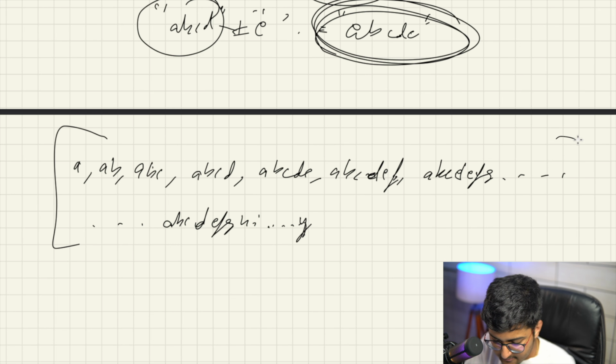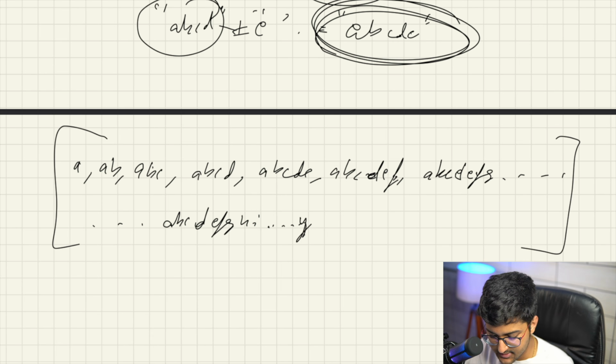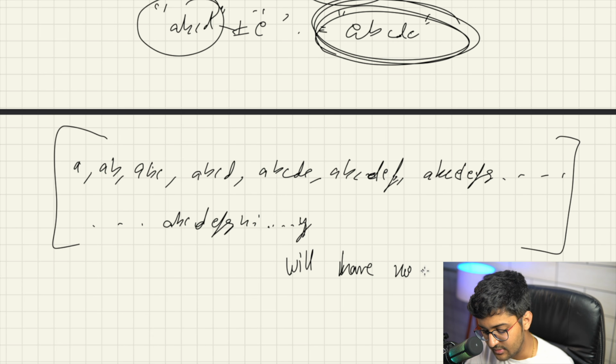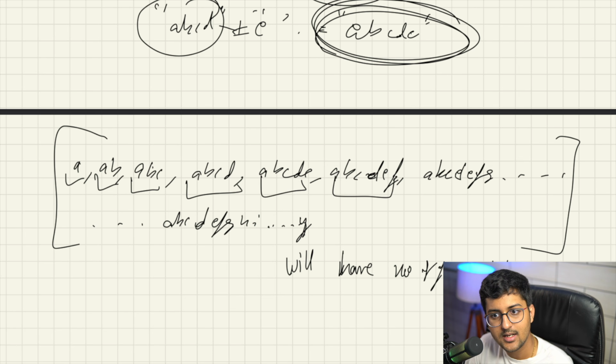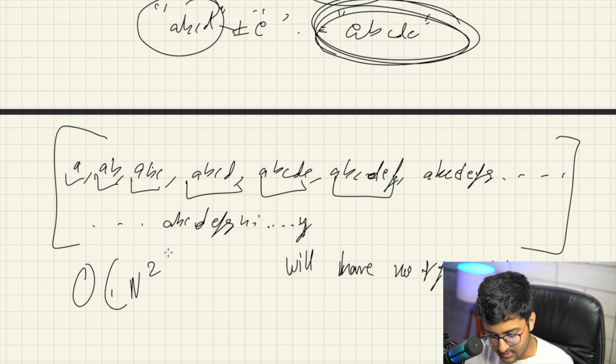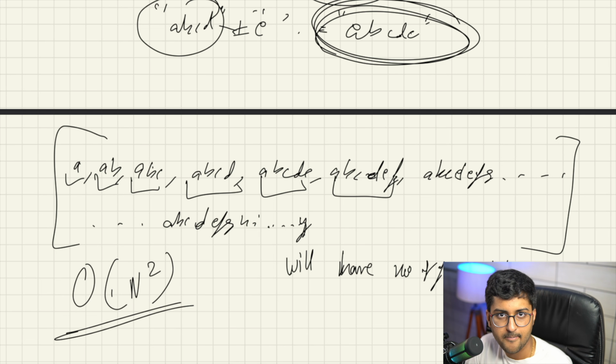All of these large strings will have no reference variable. Wastage of space. What is the size of this? Size 1, size 2, size 3, size 4, size 5, size 6, size 7, till 26, till n iterations. By now you might know this is a time complexity of big O of n squared.